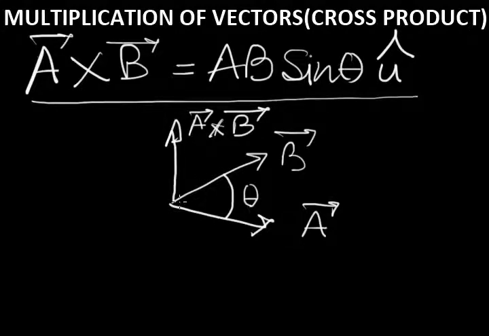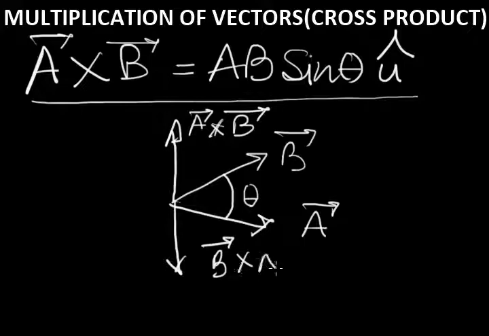In that case, you can see that B cross A will go downward, opposite to A cross B. So B cross A and A cross B are oppositely directed. As in vectors, we can put it by a minus sign.